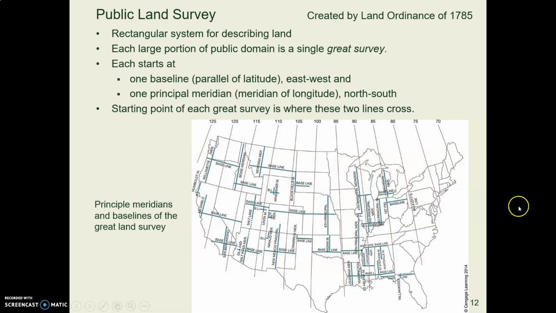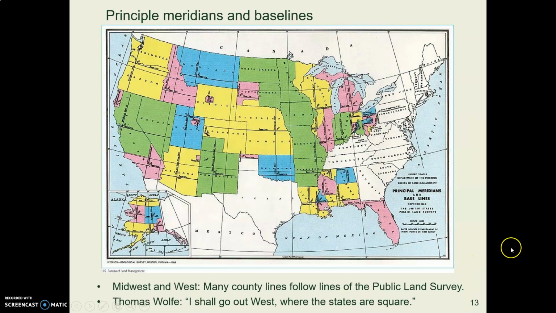And the continent, well, the United States, is divided up into these sections called Great Surveys that are defined by horizontal baselines and vertical meridians. And here's a colored map that has them.